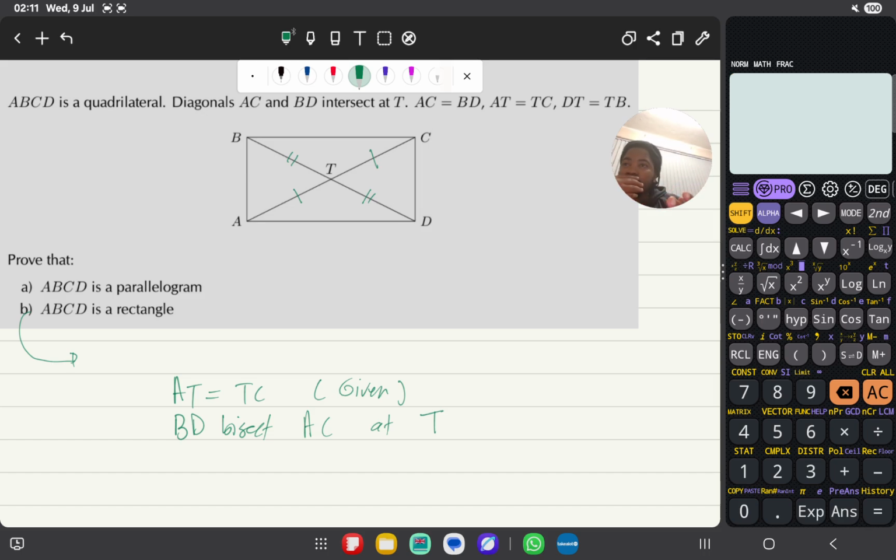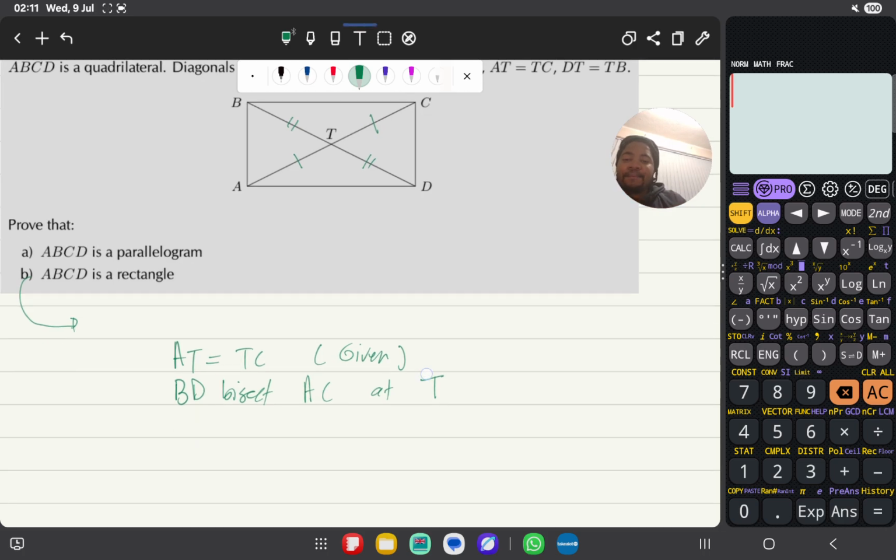Remember properties of a parallelogram, right? Let's not forget. Let's go to BT, right? So you see also that BT equals to DT, and this was also given to us. This was also given, right?